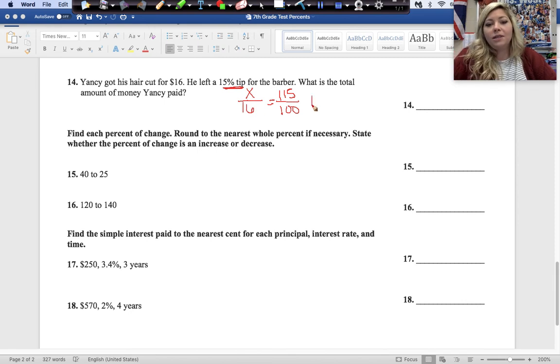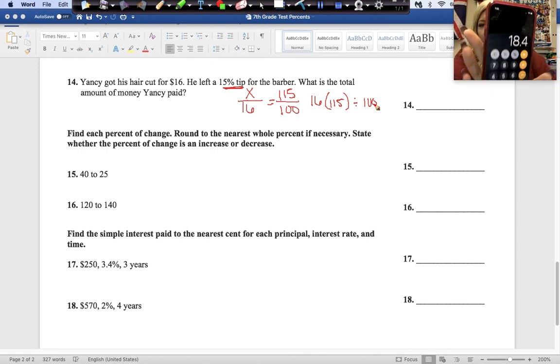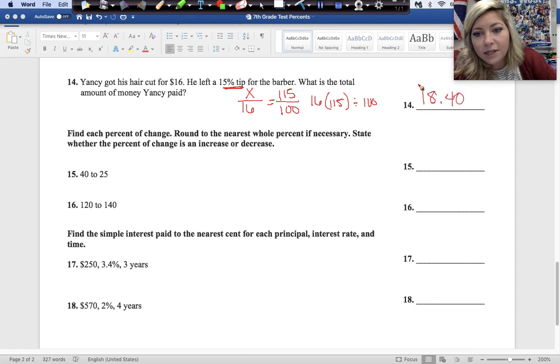So then we do 16 times 115 divided by 100, and that gives us 18.4, but again, we're talking about money, so it's going to be $18.40 because we want our money to come out to the hundredths place.